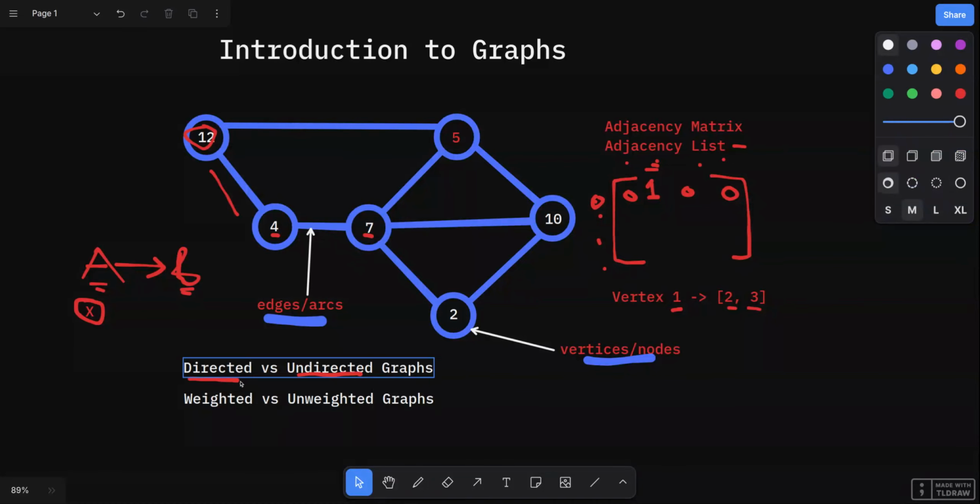And the major difference between the two is, we can start with the unweighted graph. For the unweighted graph, all edges have the same significance. What this means is that there's no edge that is more important than the other. So if this is an unweighted graph, then all of these edges basically have the same significance.